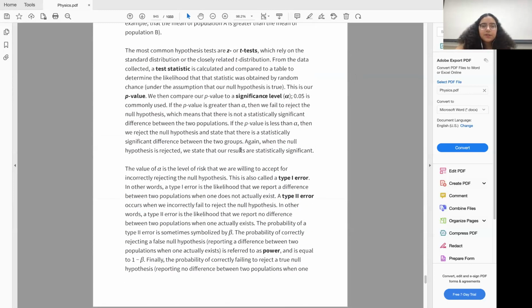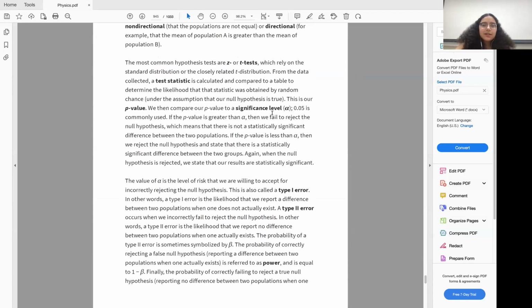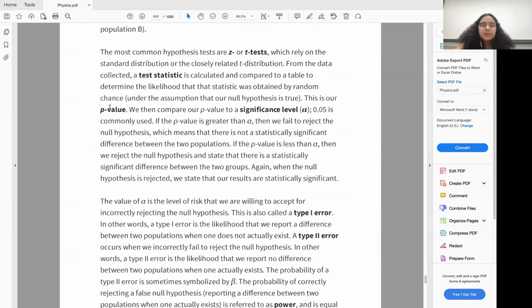You probably won't have to calculate these yourself, but it's important to know that a p-value is basically the likelihood it was by chance, and you want that to be less than a certain amount. The researchers will decide what that significance is.